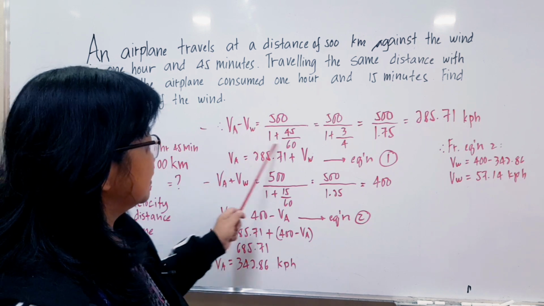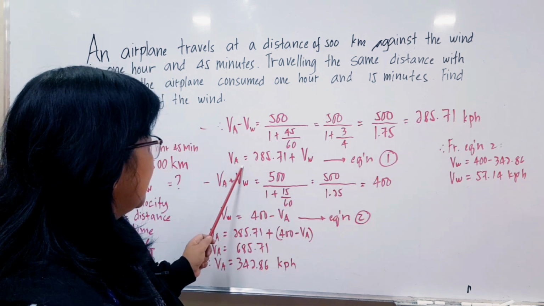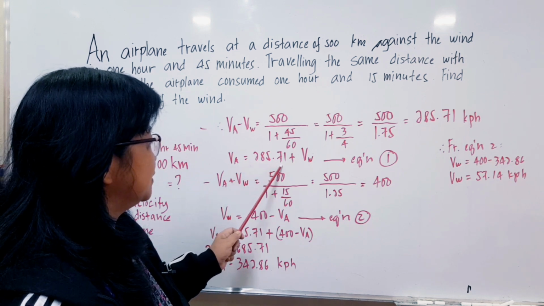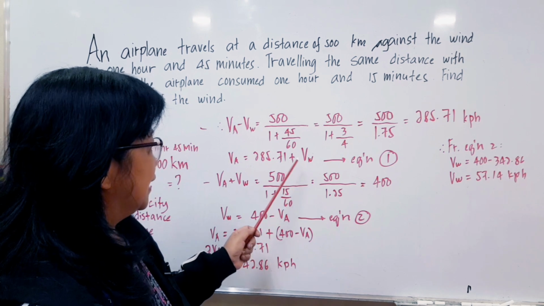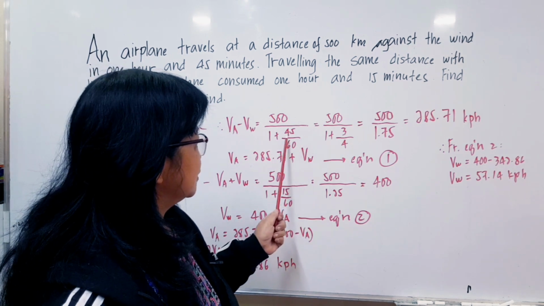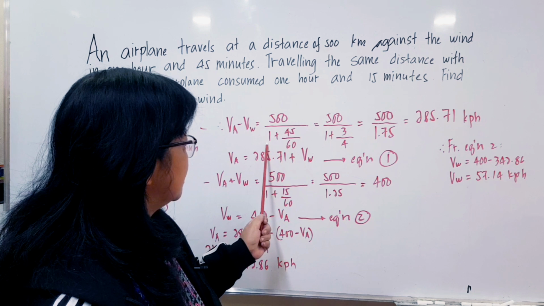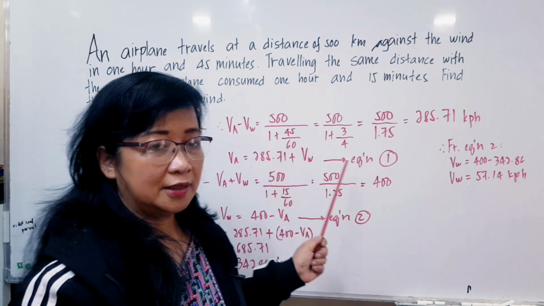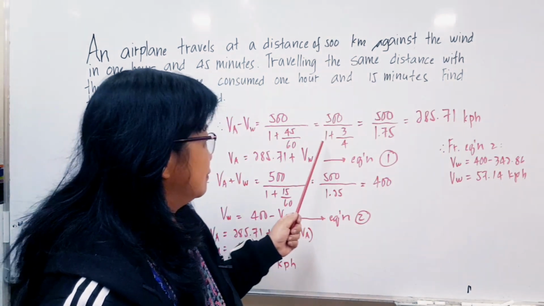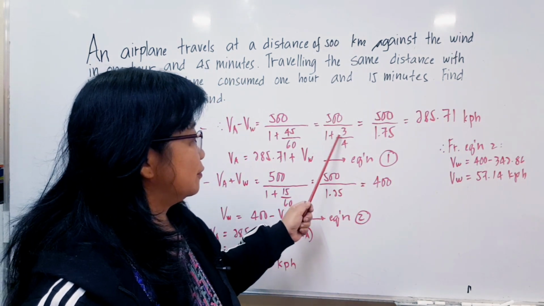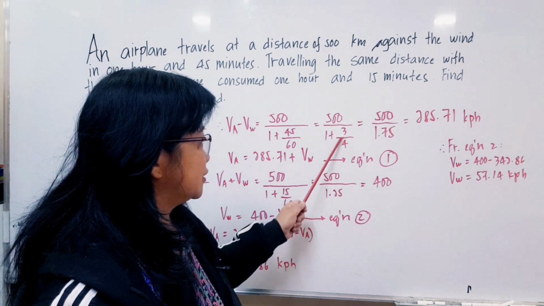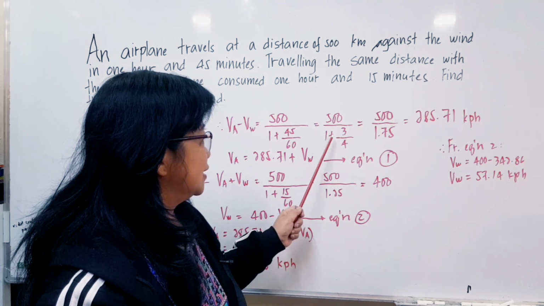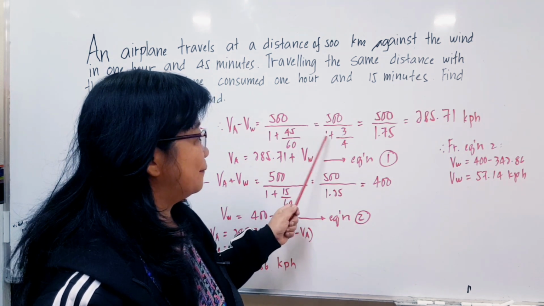Therefore, simplifying this one, VA, the velocity of the airplane, is equal to 285.71 plus the velocity of the wind. Now, some people, they are trying to make the least common denominator to solve this one, 1 plus 45 over 60. In my side, mas gugustuhin ko pa na gawin ko na kaagad yan sa decimal point, mas madali mo i-minus o plus sa anong given dito na number, gaya nito.